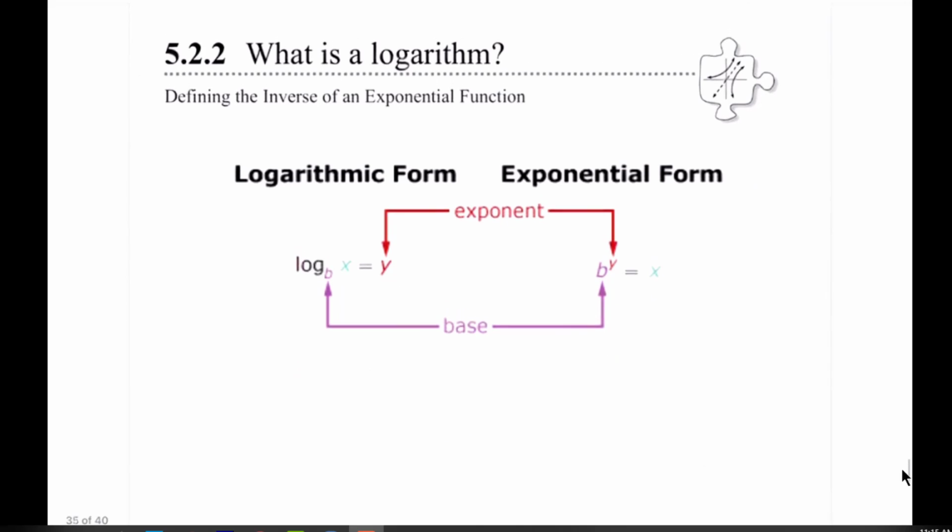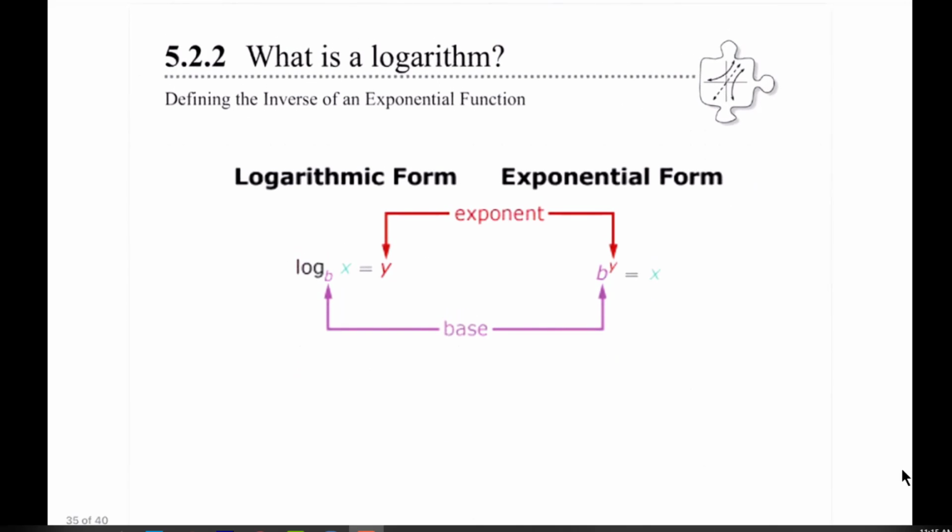So what is a logarithm? We talked about this last week in the previous section, when it came to going from logarithms to exponentials and from exponentials to logarithms. We called B our base.